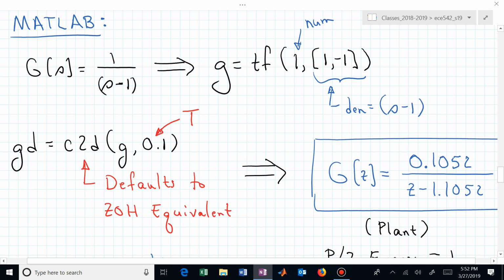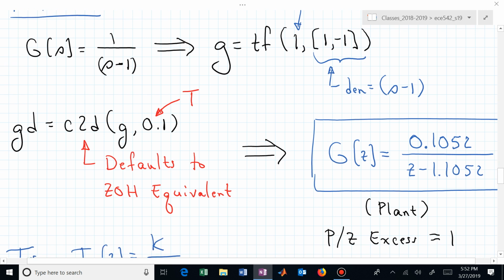There's another function in MATLAB, C2D, and it defaults to the zero order hold equivalent. If we now plug in the G object, that transfer function, into C2D, and include the specified sample period of 0.1, what will end up happening is it will generate a transfer function by default that assumes the zero order hold equivalent.